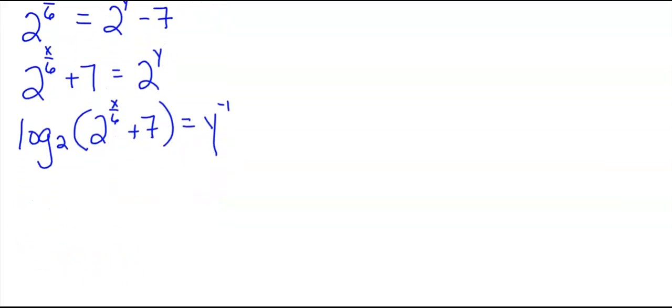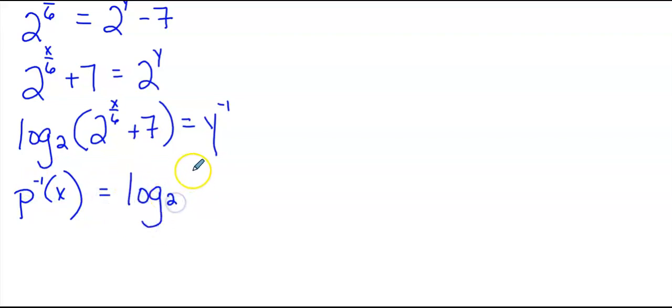So this inverse ended up being a log function as well, and that can't happen. We're not going to have a graph of that. We can write this as the inverse of p, so we'll rewrite that. But it is a log function.